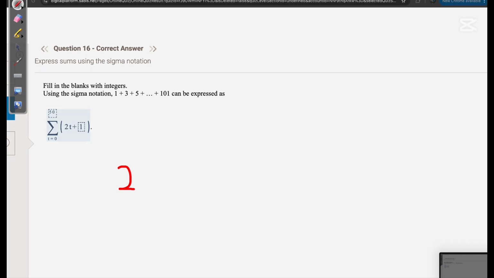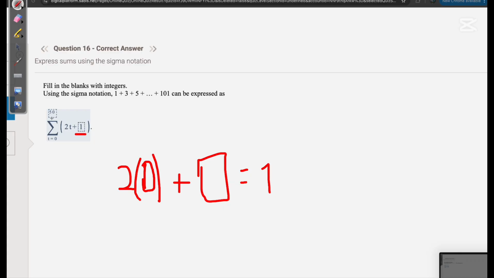So 2 times 1, plus, let's say box, will give us 1 because we start from t is 0. And they give us 2t plus box will equal 2. So 2 times 0 plus what will give us 1.